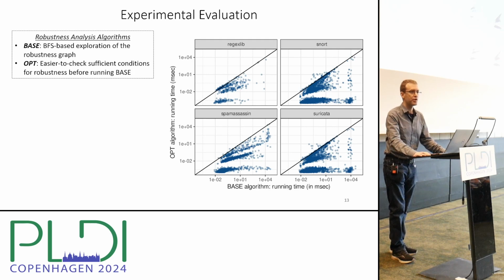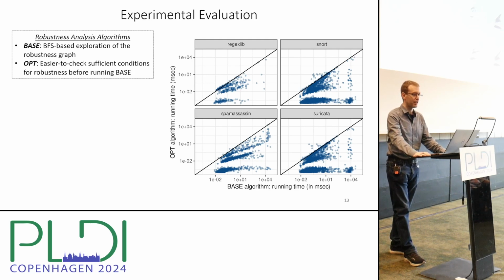In these plots, you can see the comparison between base and opt. The horizontal axis shows the running time of the base algorithm in milliseconds, and the vertical axis shows the running time of the optimized algorithm. Every point in these plots corresponds to a regular expression, and the observation is that all points, or rather most of the points, are substantially well below the diagonal, which means that the optimized algorithm is faster than the base algorithm.